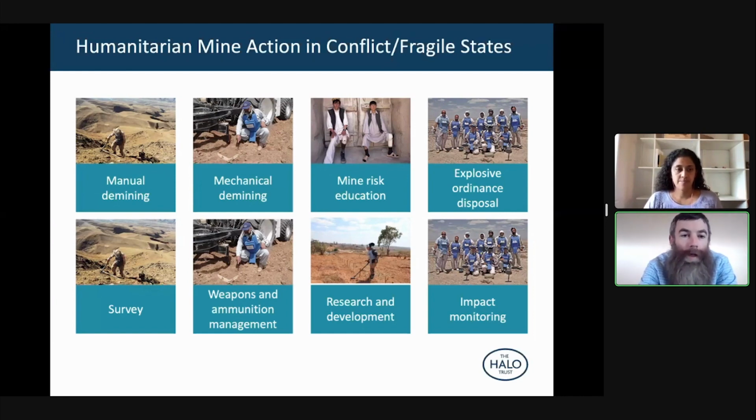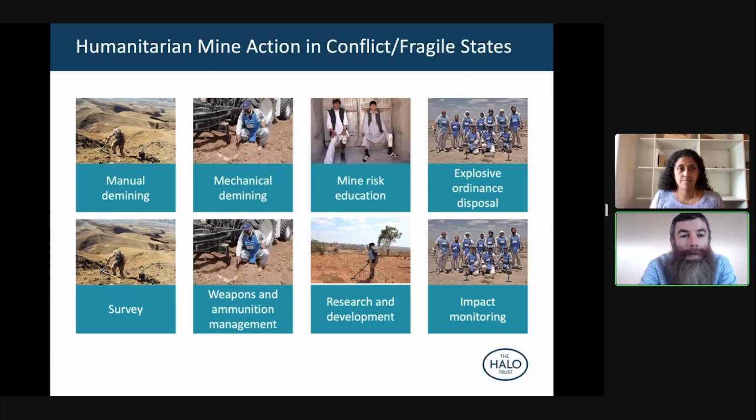We don't just clear randomly, we do surveys, we work with national authorities, we work with local district governments, other government and non-state actors. We negotiate access to extremely difficult locations. We deal with weapons, we deal with ammunition and the management of those things, particularly in a post-conflict or pretty soon after conflict, and in some cases ongoing fragility situations.